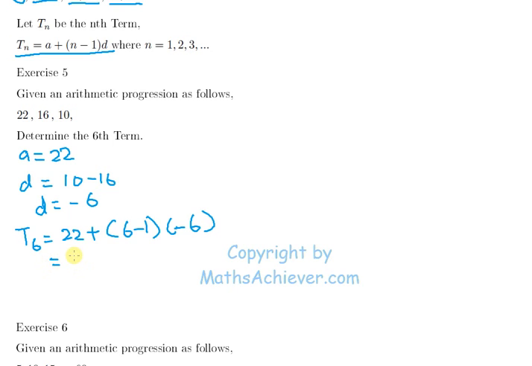This gives us 22 plus minus 30, which yields minus 8. So the sixth term is minus 8.